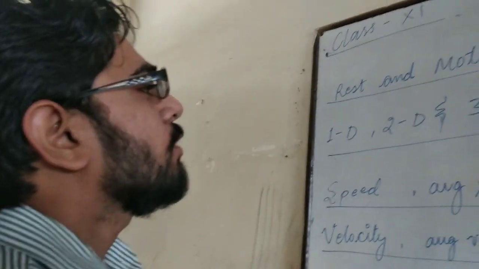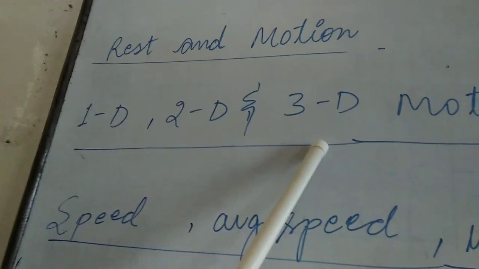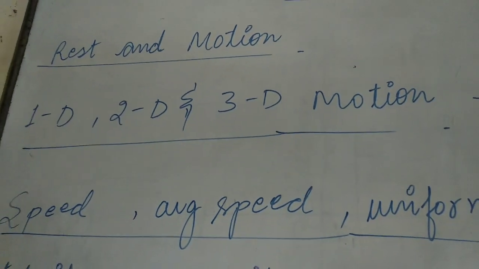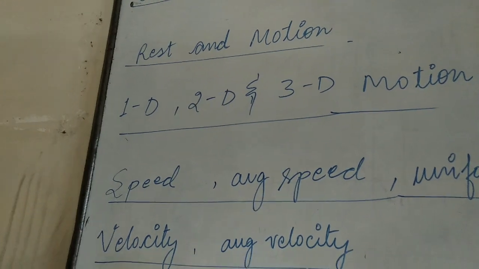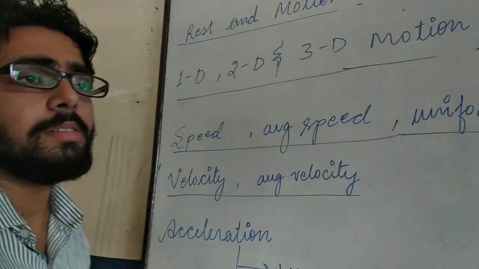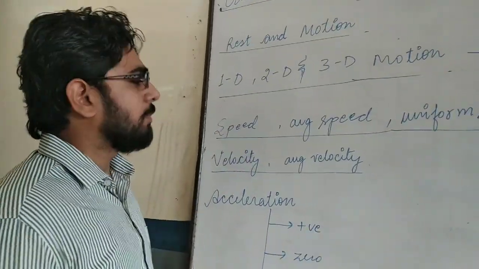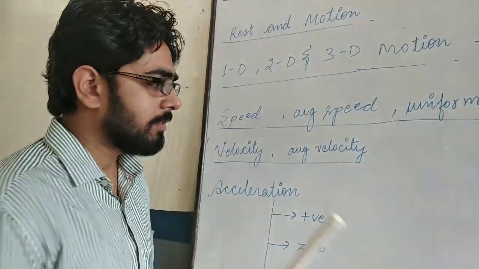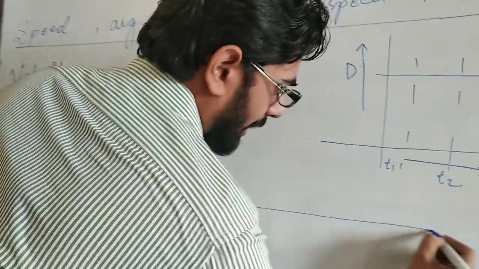Okay. Types of motion: one-dimensional motion, two-dimensional motion, three-dimensional motion. What are these? If any motion requires a single coordinate axis to distinguish between positions, it means motion in a straight line.